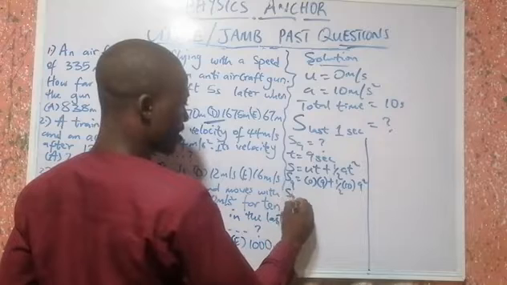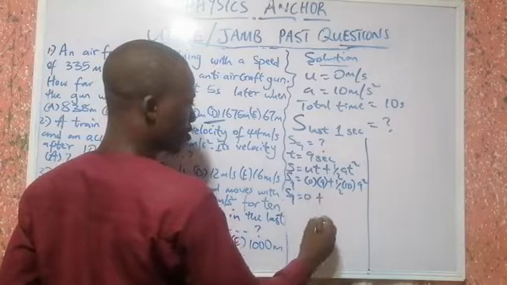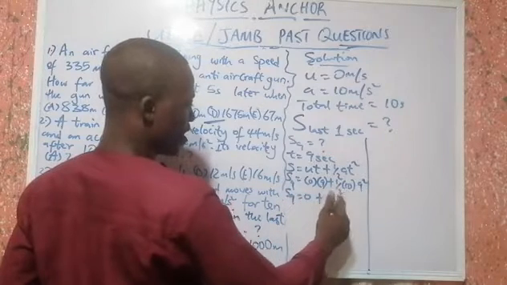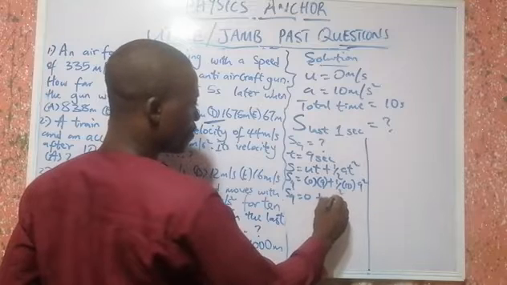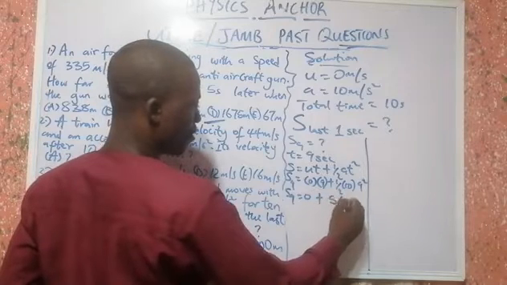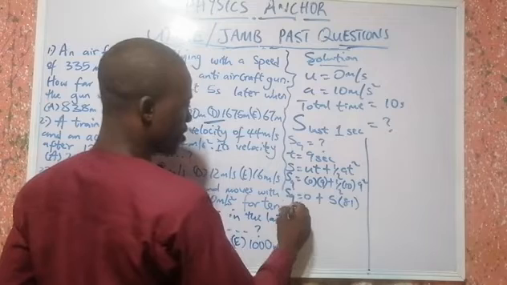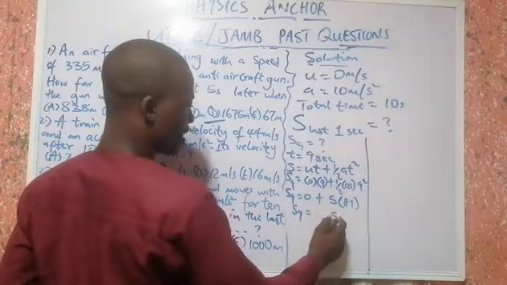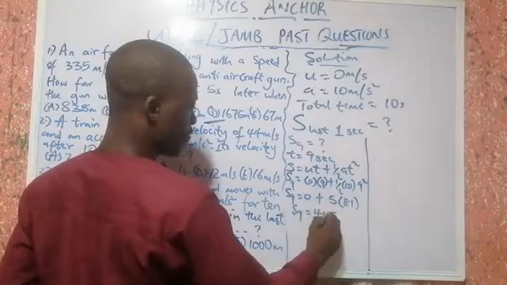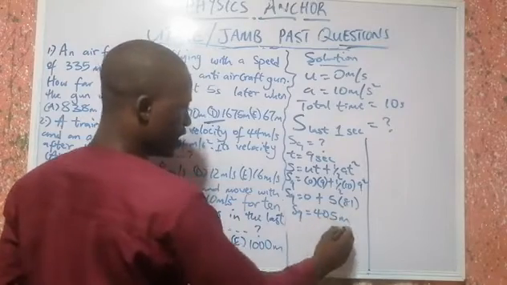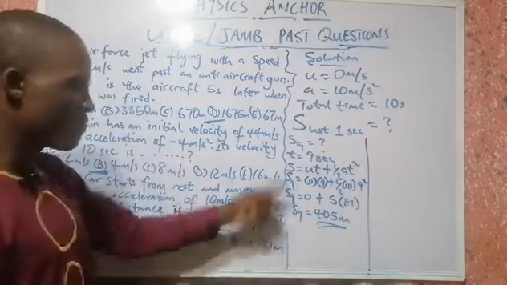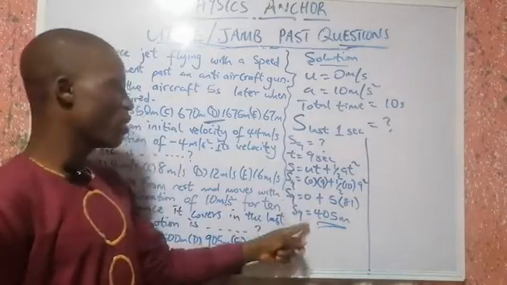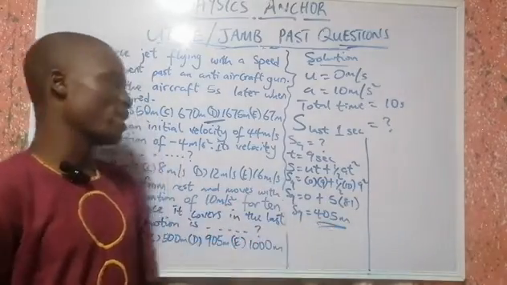So S9 equals 0 plus half times 10, which gives 5 times 81, and that will be 405. So the distance covered in the first 9 seconds will be 405 meters.